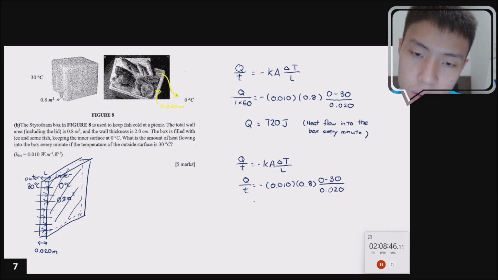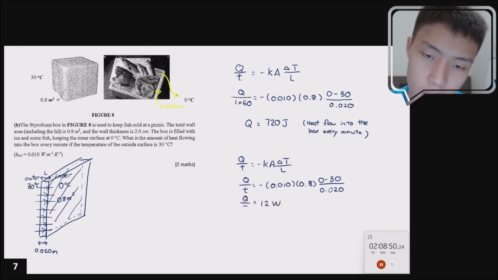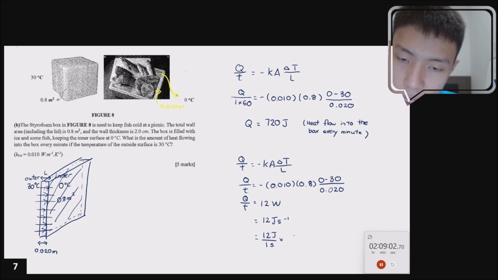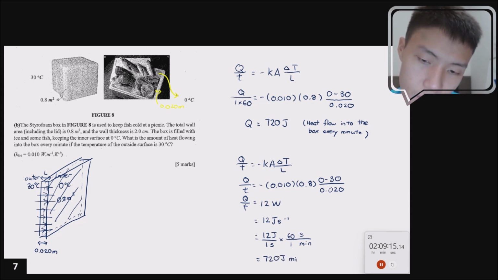So from here, you get 12 watt first. Then you know that 12 watt is equivalent to joule per second. So this one is 12 joule per second. Let's convert it to minute. So you still stick with joule, what you need to change is second to minute. So 1 minute there's 60 seconds, so therefore it's 720 joule per minute.